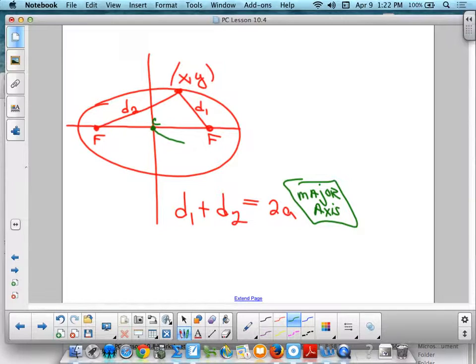Center to where? Vertex. So I was kind of hoping you'd tell me A is center to vertex. Did you tell me that? Maddie, did you say that? No. Oh. A is this distance, but the answer is 2A, so it has to be from here to here also. Okay, so basically when you add the two distances, you get 2A. We talked about this, right?